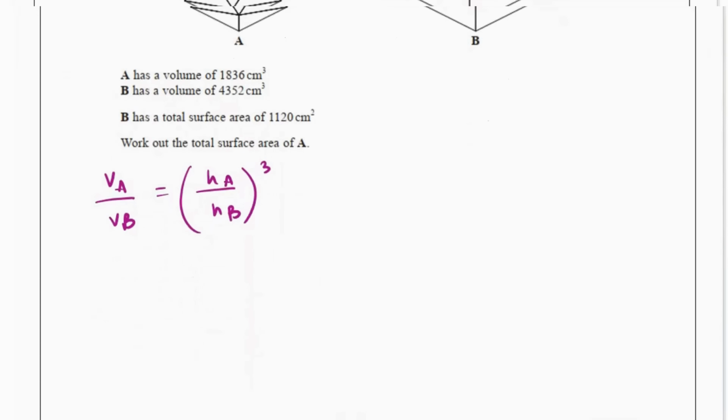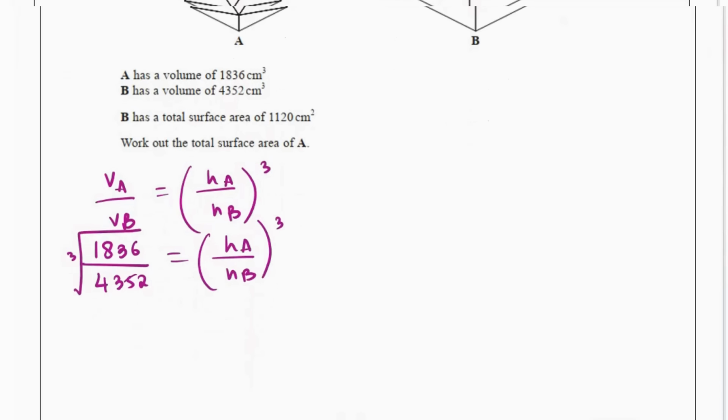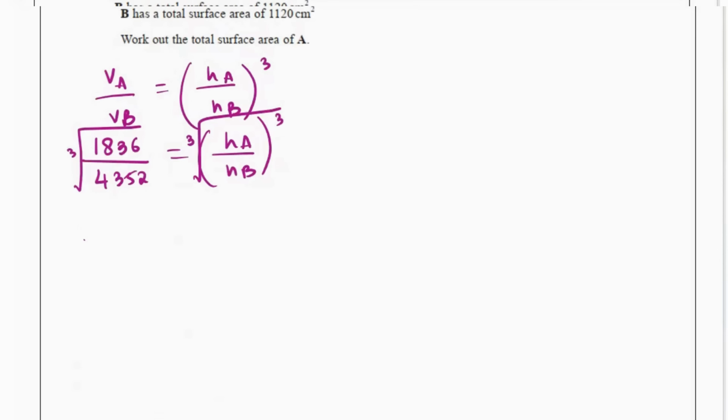So that's going to be 1,836 over 4,352 equals the cube of height of A over height of B. We will cube root both sides to find the ratio for heights of A and B. That gives us the cube root of 0.421875 and so on.